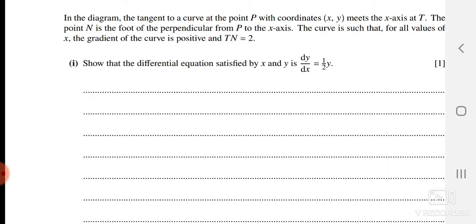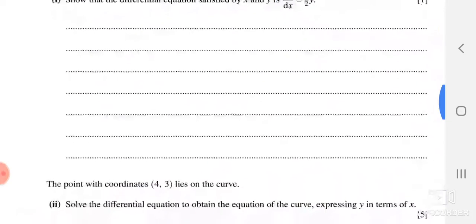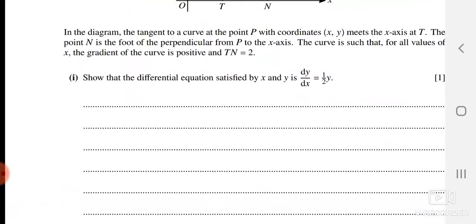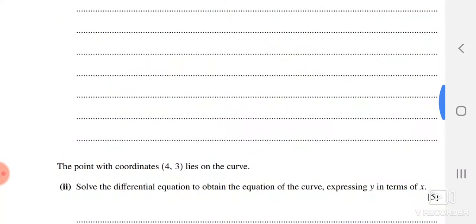So the simple rule is separation of variables. On one side of the equation take dy and all the y terms, and on the other side x and dx terms, and then take the integral on both sides, and then apply the corresponding rule of integration, and plus c.